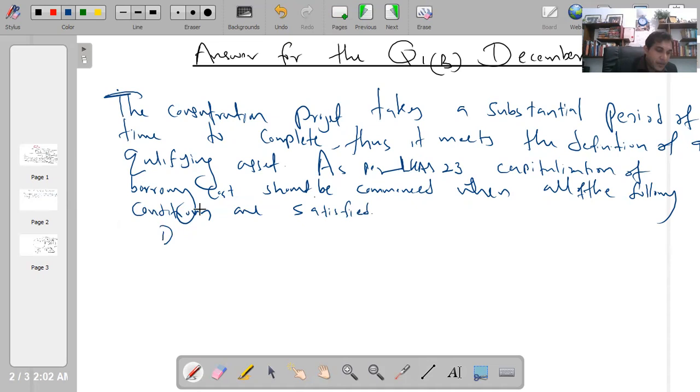First one, incur expenditure for the asset. Already we have written them. Incur expenses on the asset. Second one, incur borrowing cost.